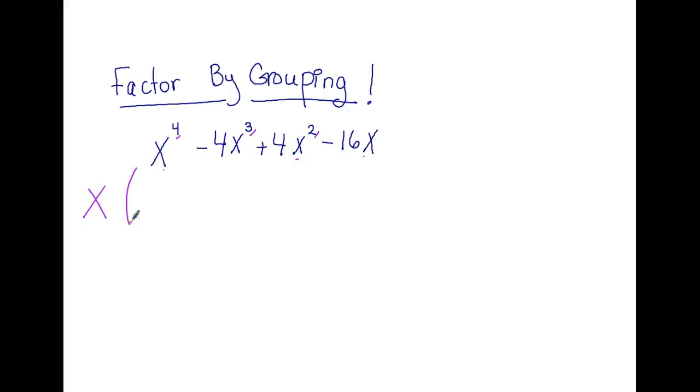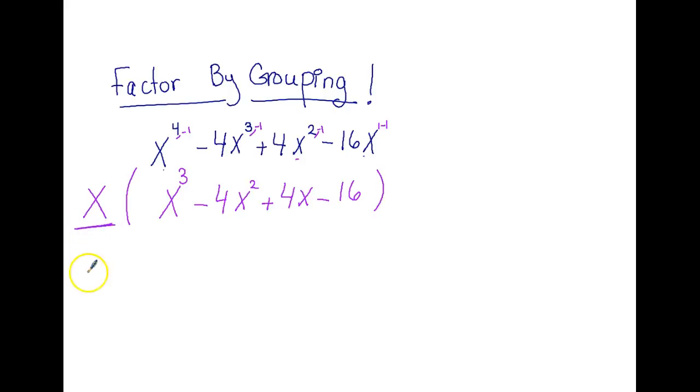Now, since I factored x out, each of these terms will lose an x. So this will become x cubed minus 4x squared plus 4x minus 16. Now, forget about the x, save it for last.